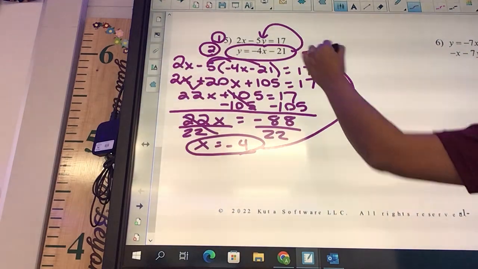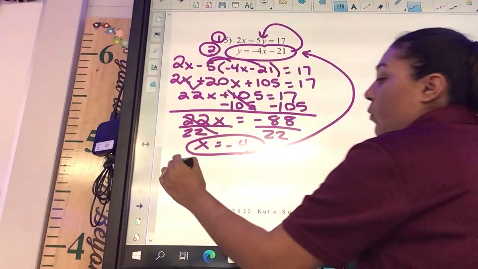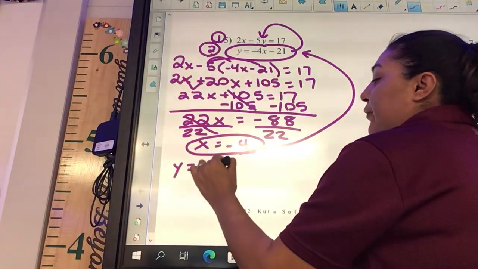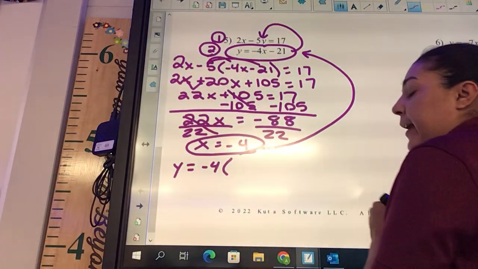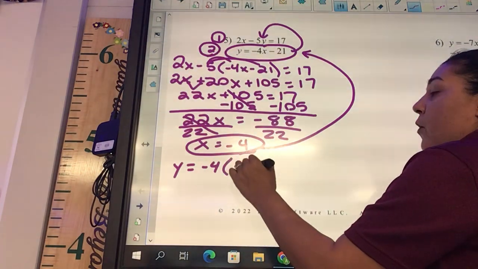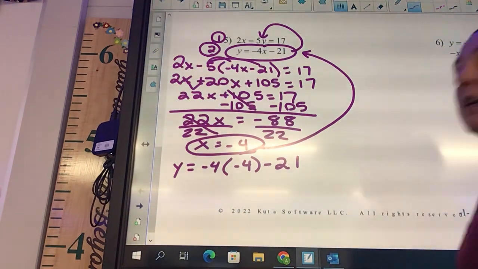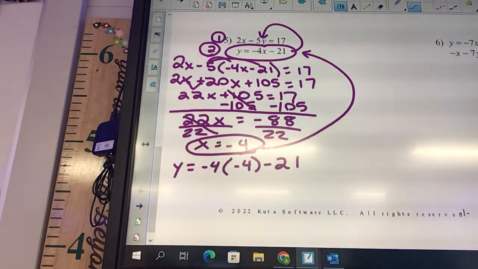Okay, we're going to plug that in up here. So I'm going to get y equals negative 4, parenthesis, what's my x? Negative 4, minus 21. Type that in your calculator: negative 4, parenthesis, negative 4, close the parenthesis, minus 21.